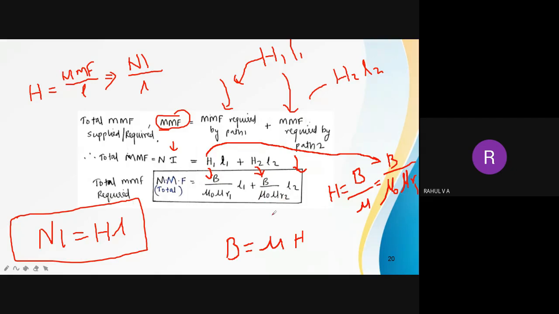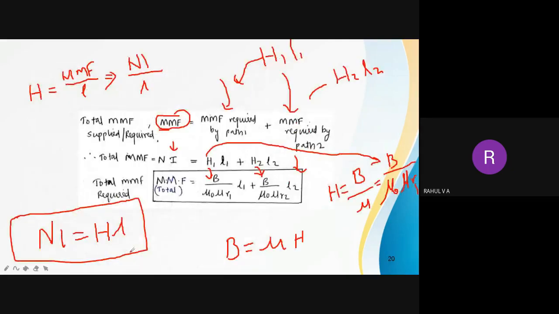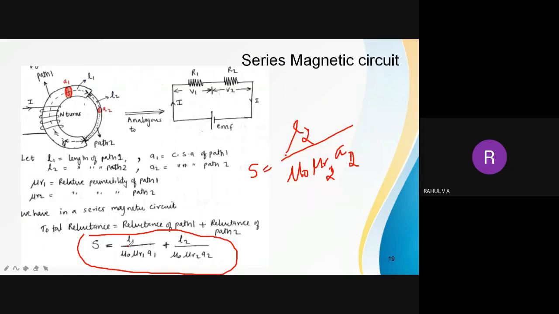So these two are the equations. One is reluctance S, which is equal to L1 divided by mu 0 mu R1 A1 plus L2 divided by mu 0 mu R2 A2, and MMF is equal to B divided by mu 0 mu R1 into L1 plus B divided by mu 0 mu R2 into L2. These two equations are very important.